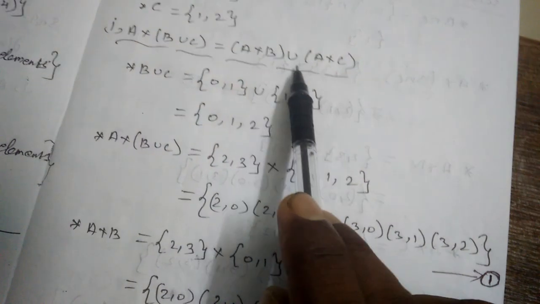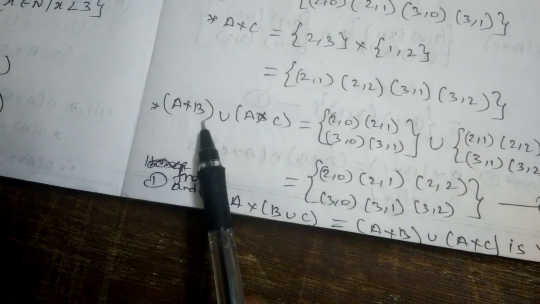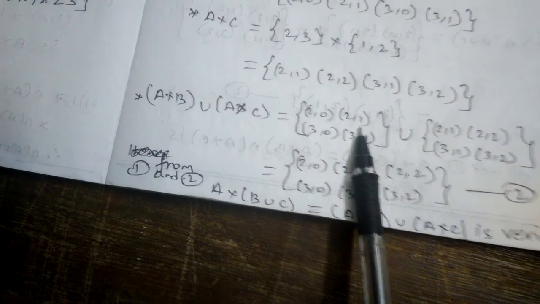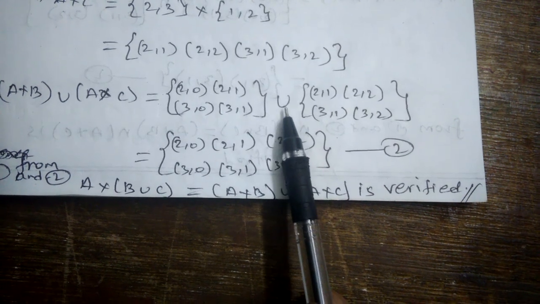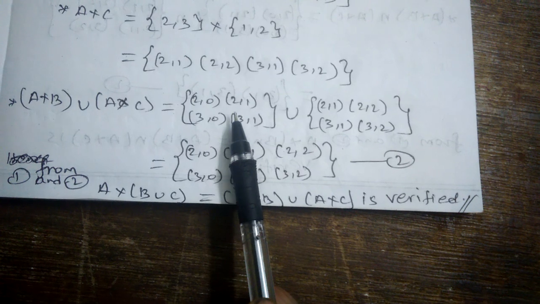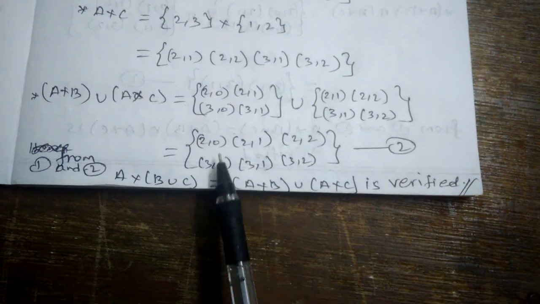It's the second one. Now (A cross B) union (A cross C). We take the union, putting all elements of A cross B and A cross C in a single set, right?